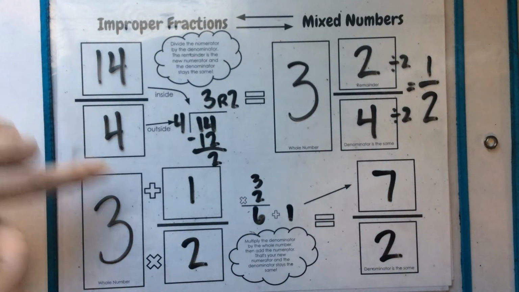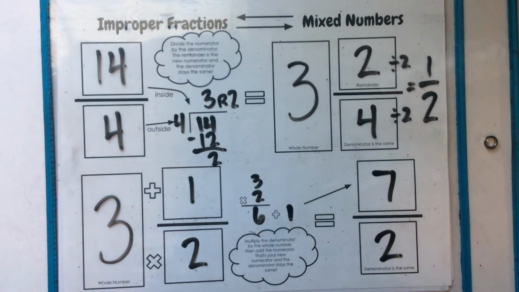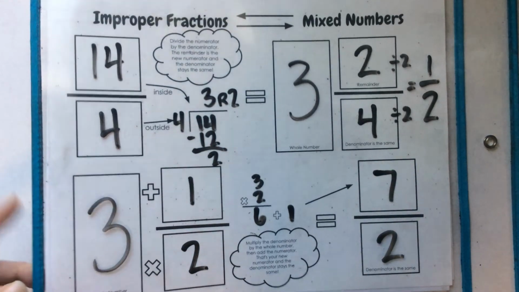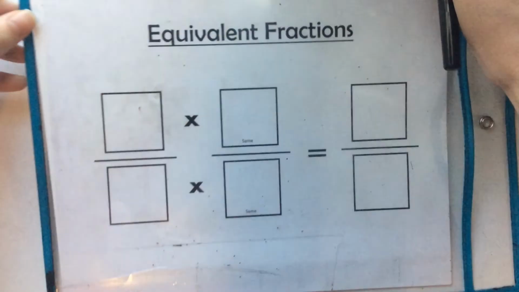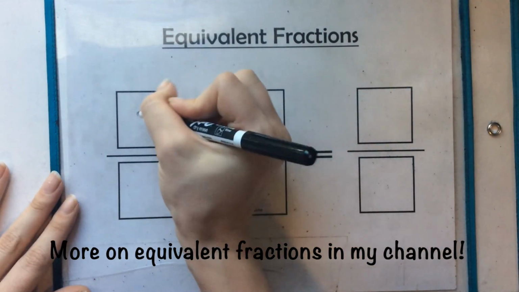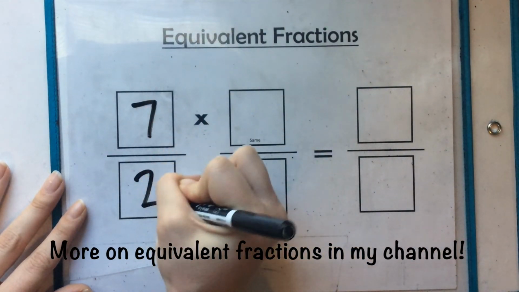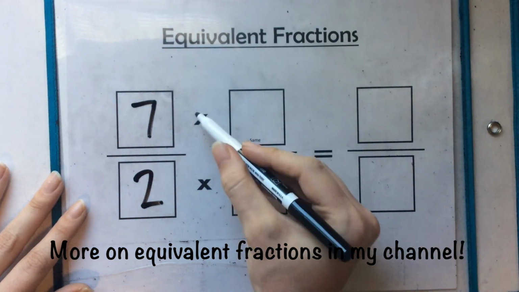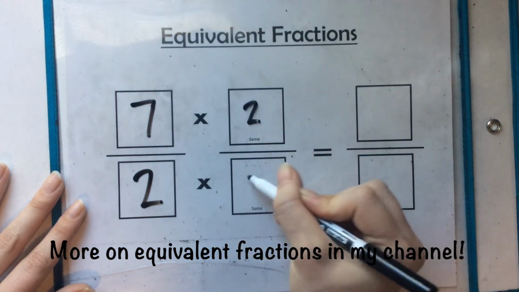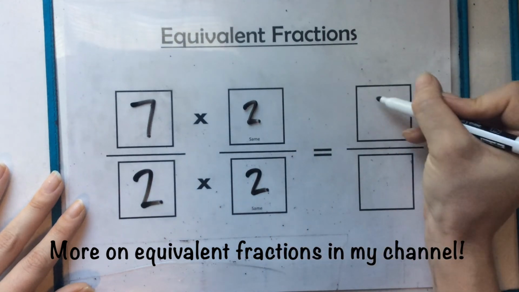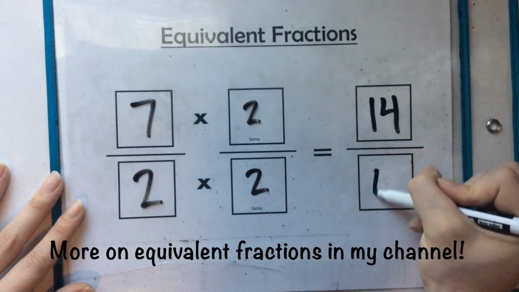Maybe you're saying 14 fourths and 7 halves aren't the same. But if we do equivalent fractions, and I write 7 halves, and I multiply the top and the bottom by 2, I get 14 fourths.